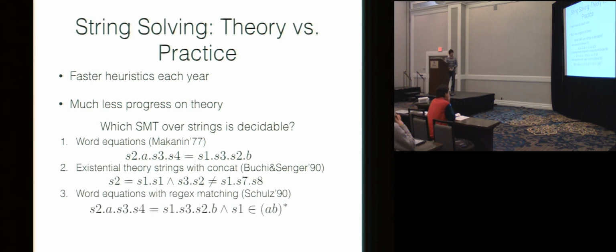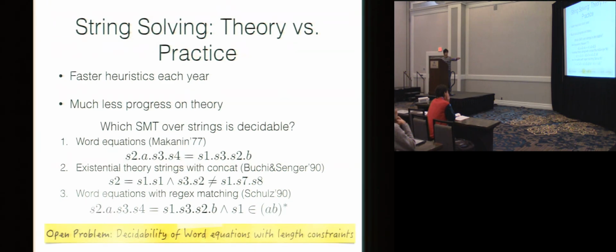Here is also an observation by Schulz in the 90s that you can also get decidability with regular expression matching. For example, you can say something like this, S1 matches this regular expression. These are all from before the 90s, and this open problem has been around for 25 years apparently.